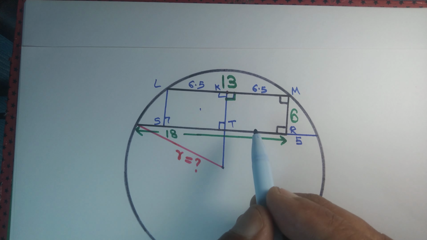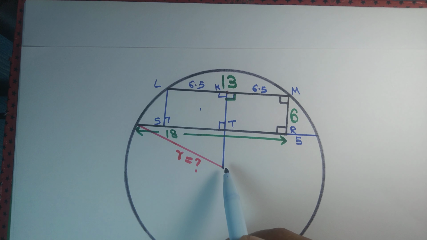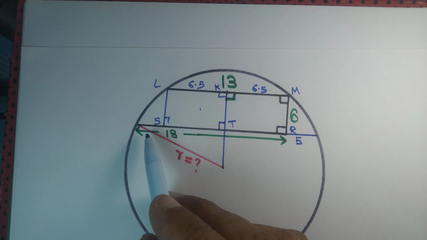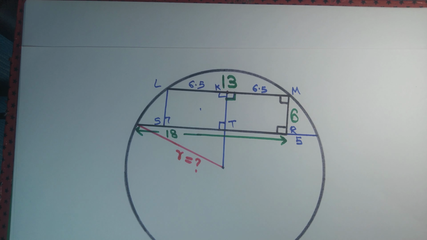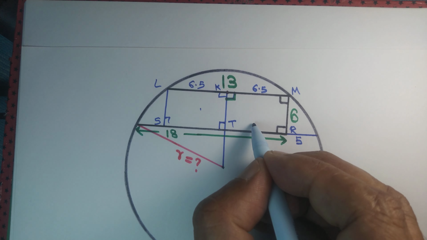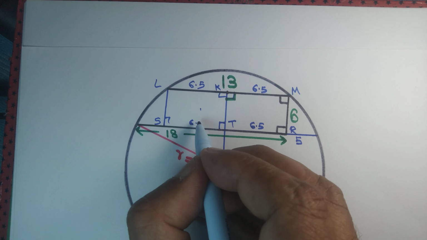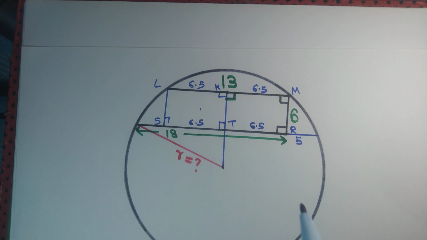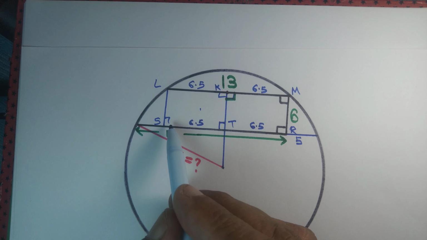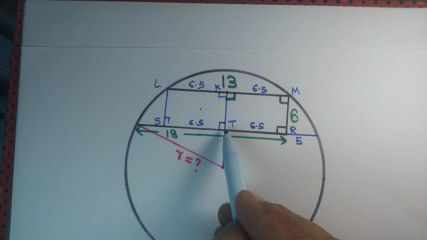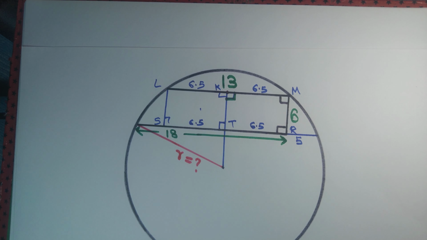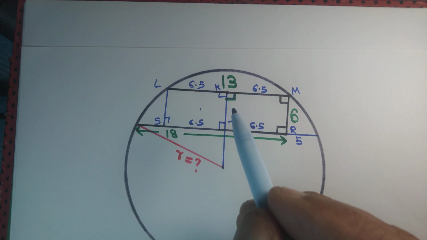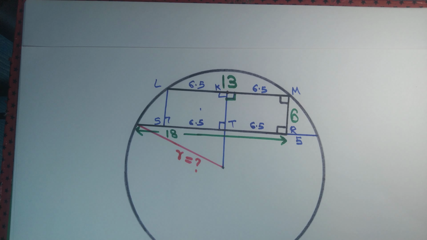So this one also measures 6.5, and further, since KT is perpendicular to the chord, it follows that it must also bisect the chord. So this one also measures 6.5, this one also measures 6.5. In fact, it's a rectangle, so opposite sides of a rectangle are equal. A line which is perpendicular to the chord and passes through the center of the circle must pass through the middle point of the chord.